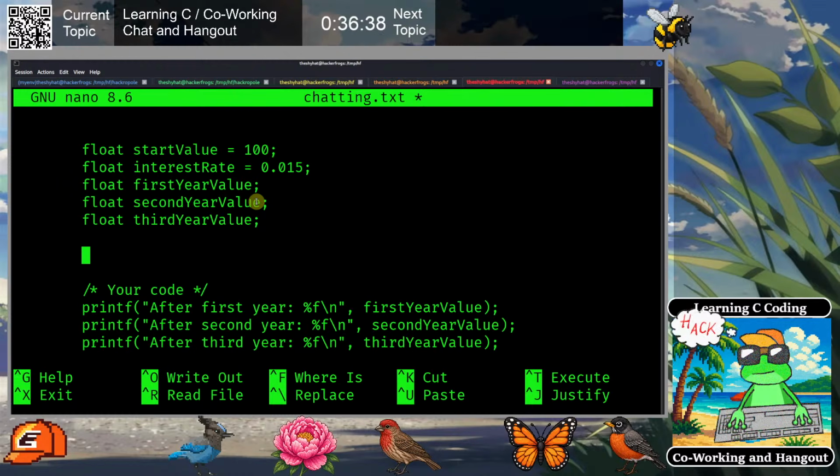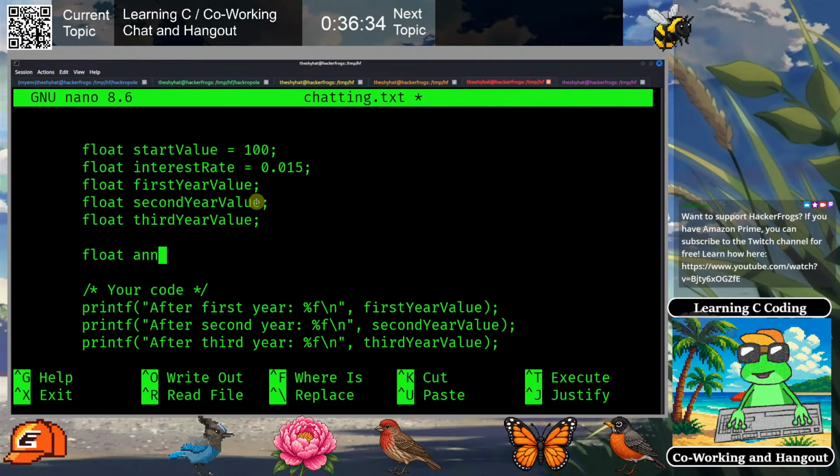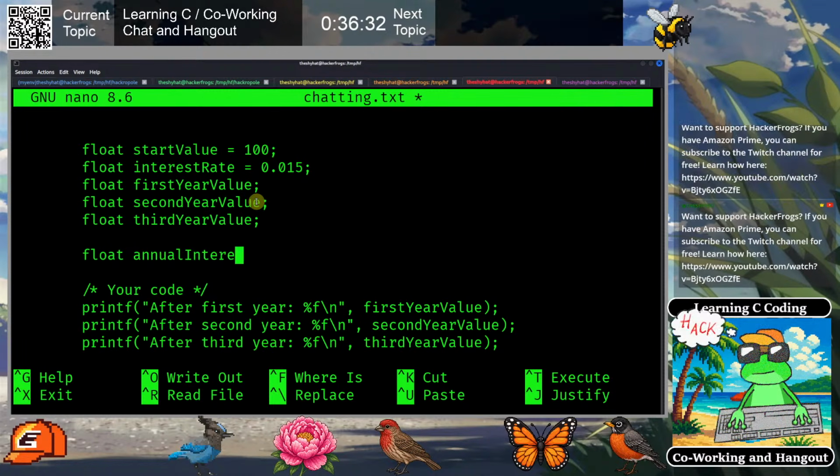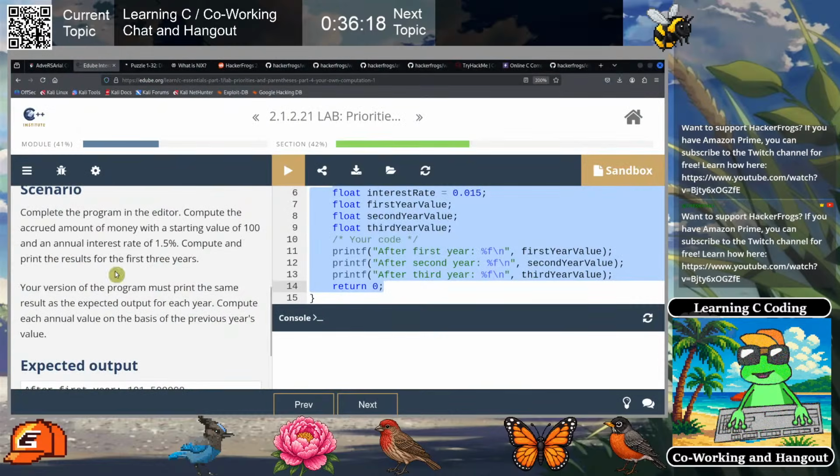So float annual interest equals 1.5. Compute and print the results for the first 3 years.